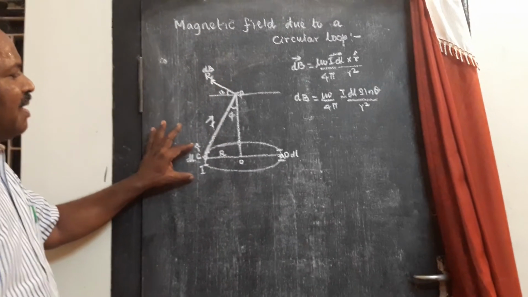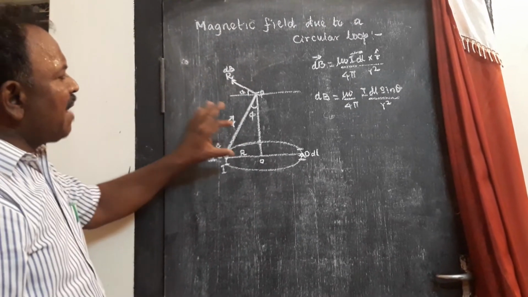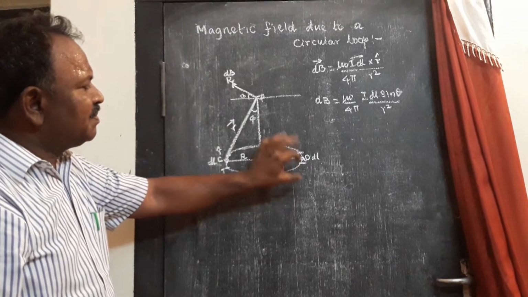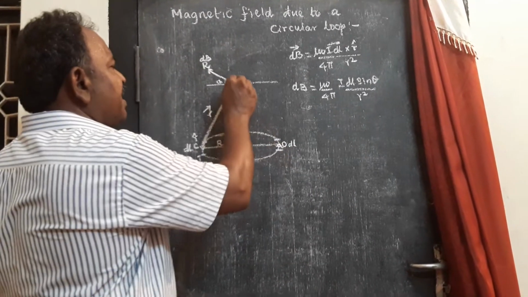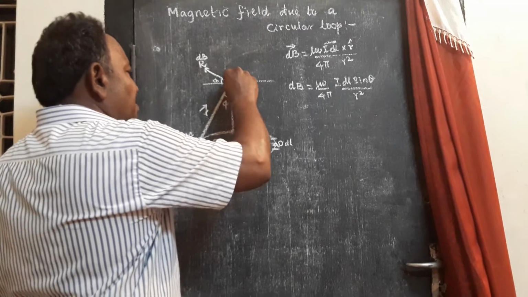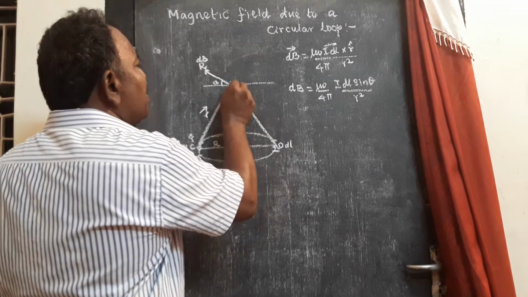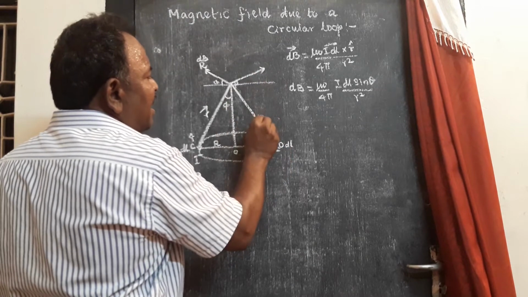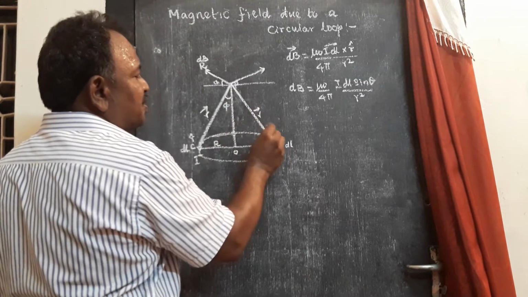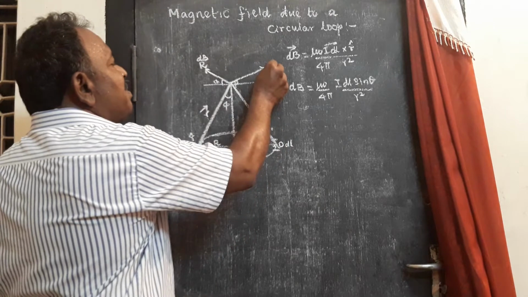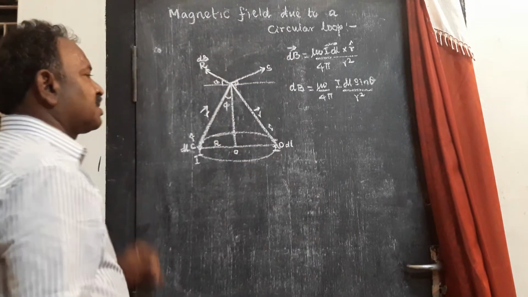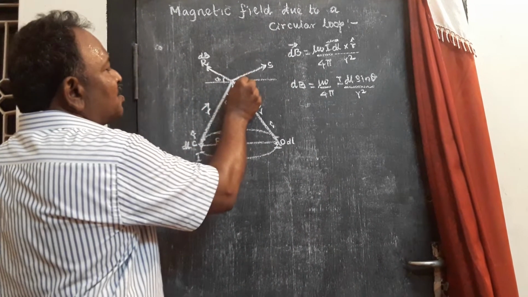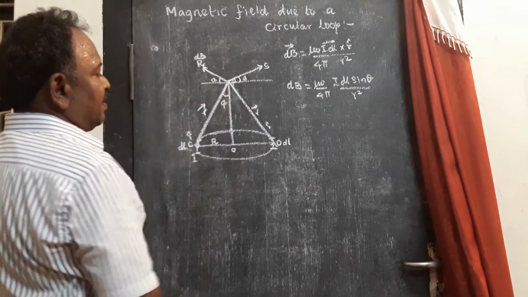And similarly, the magnetic field induction due to this current element I dl at P will be perpendicular to the current element and the line joining, that is the position vector. So it will be along PS. This angle is also equal to phi.